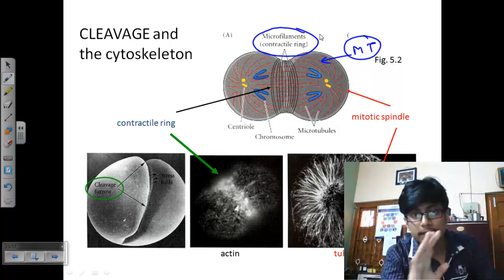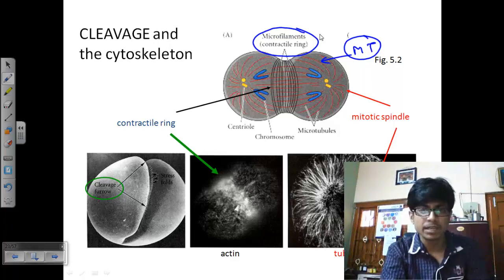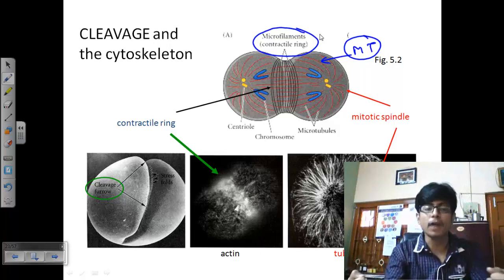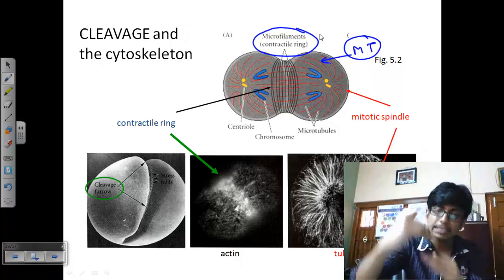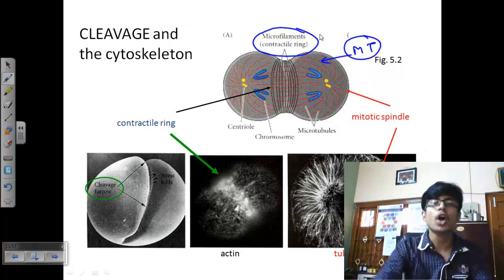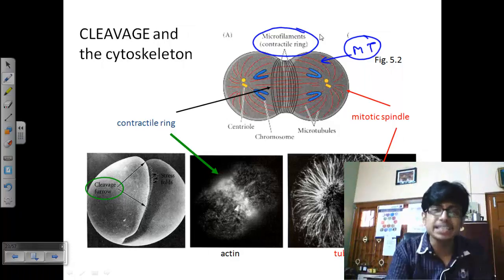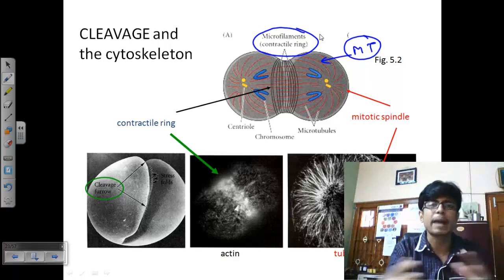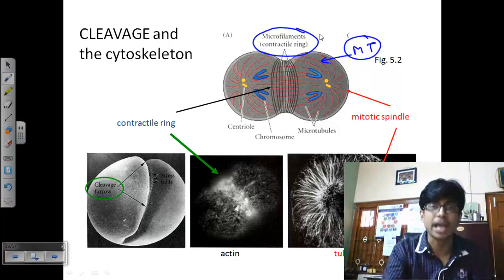But in these developmental phases, rapid cell division is occurring, genomes are separated very fast, and the cytokinesis, that is the division of the cytosol, also works simultaneously with the separation of chromosomes. So both these things, separation of chromosomes as well as cytokinesis, work rapidly, together, at the same time, right?